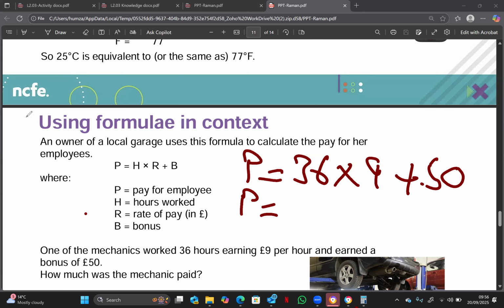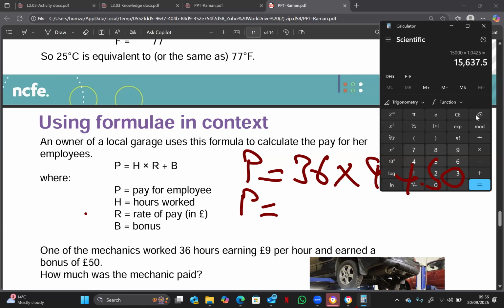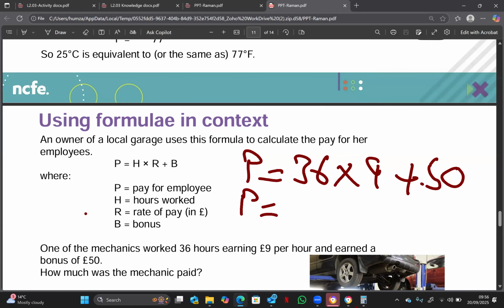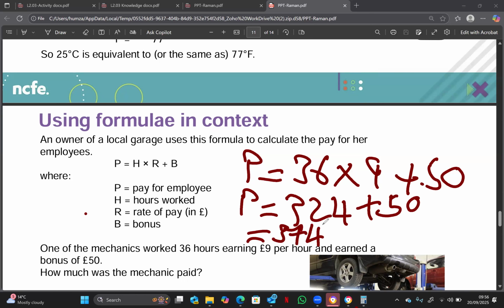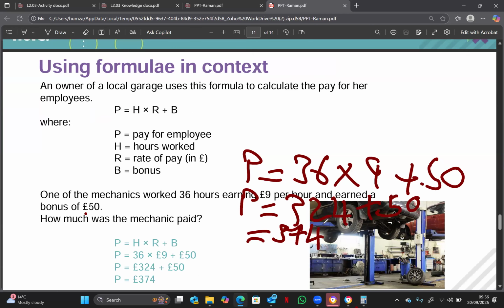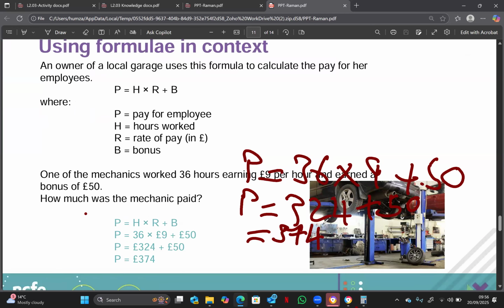So if I do that in my calculator, 36 times 9 equals 324, okay? Plus 50. So 324 plus 50 equals 374. Exactly. So the answer here would be 374 pounds.